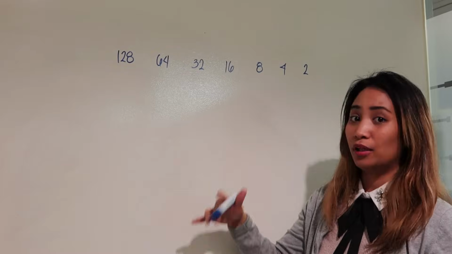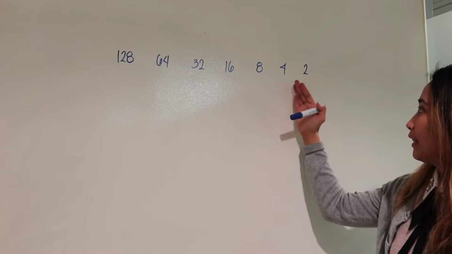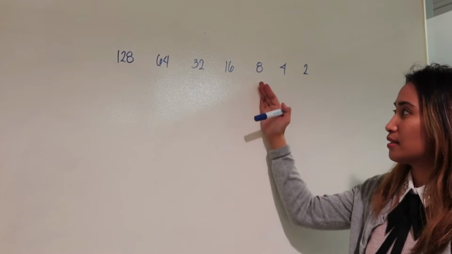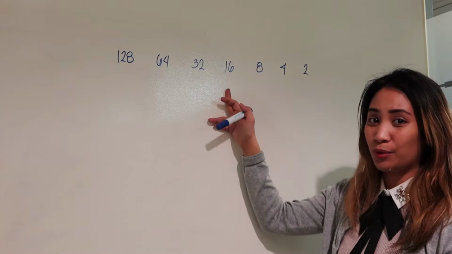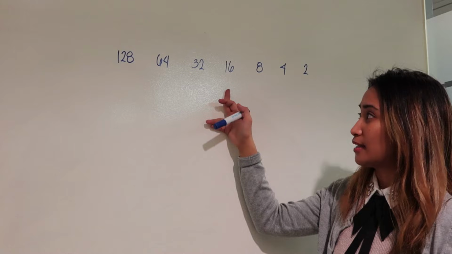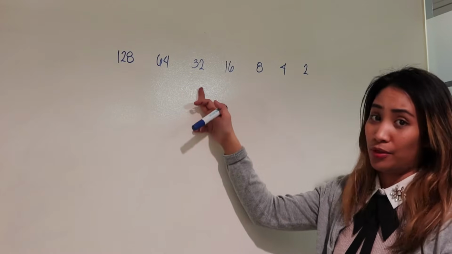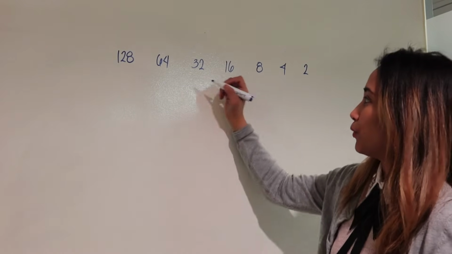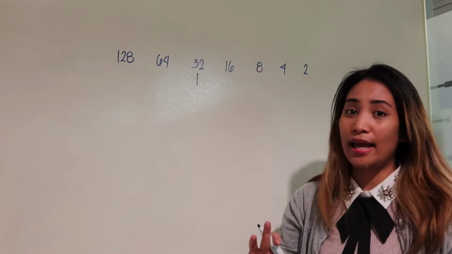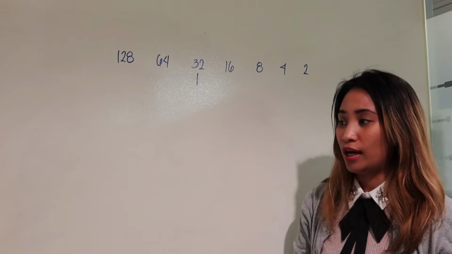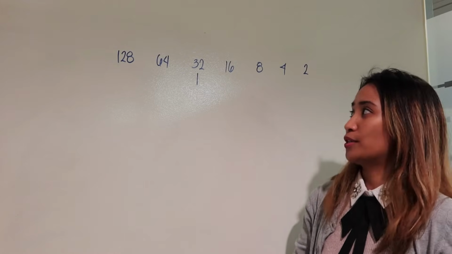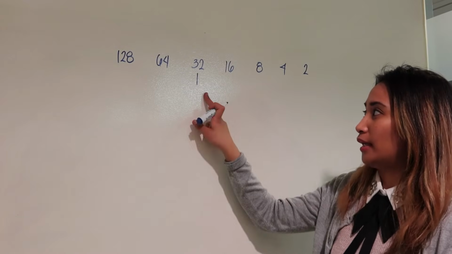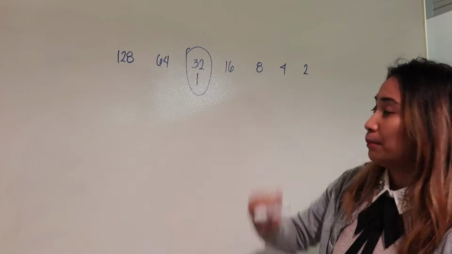Let's start from the lowest number. 16 would be too small and not enough, and the next would be 32. So 32 is the block size that we will select for the first network with 29 hosts. Let us keep in mind the 32 block size.